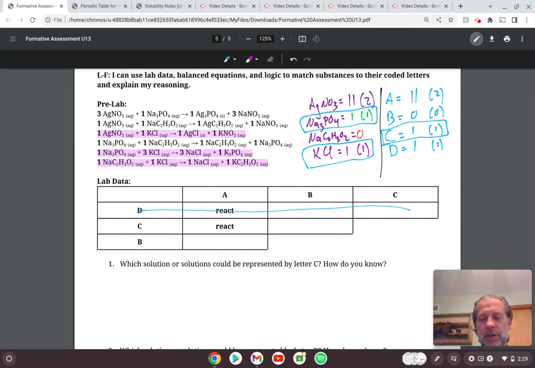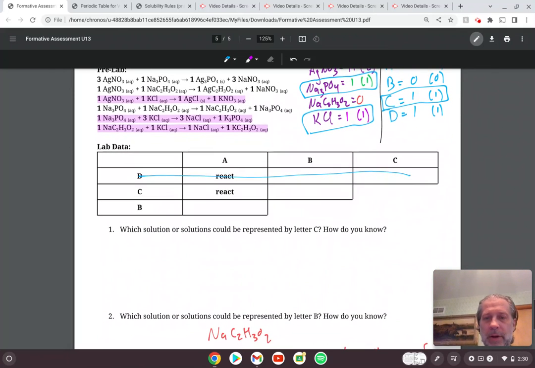The way this question is worded, it's saying which solution or solutions is represented by bottle C. So this question isn't asking you to make an absolute identification as to whether it's Na3PO4 or KCl, but simply whether either of those could be bottle C.